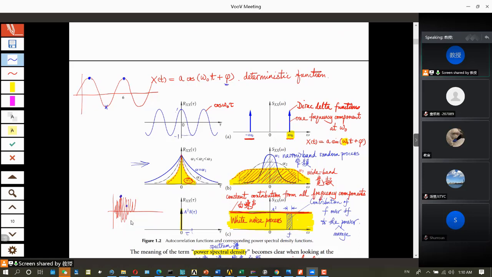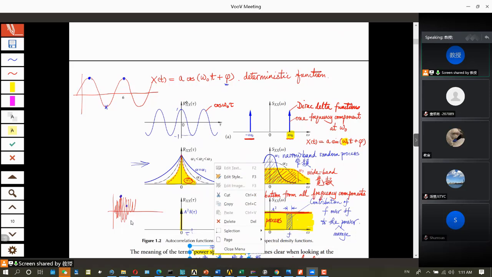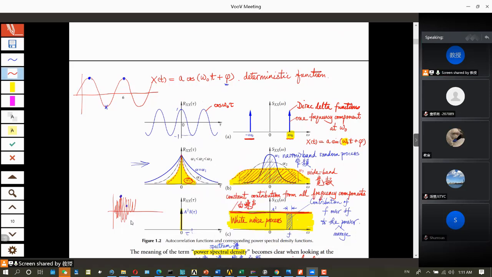When tau is 0, this point is fully correlated with itself. After one period, it is also fully correlated.